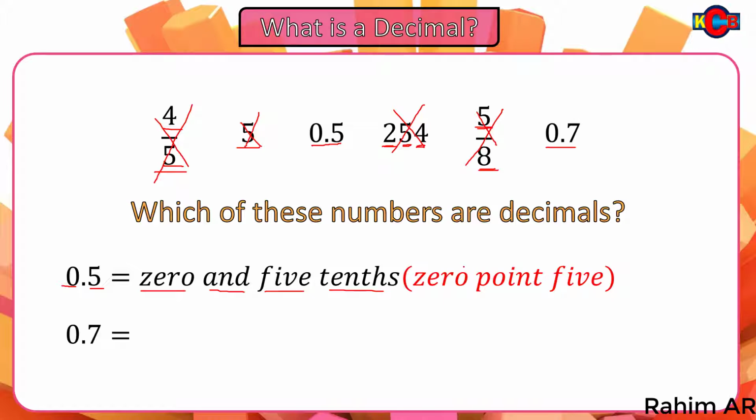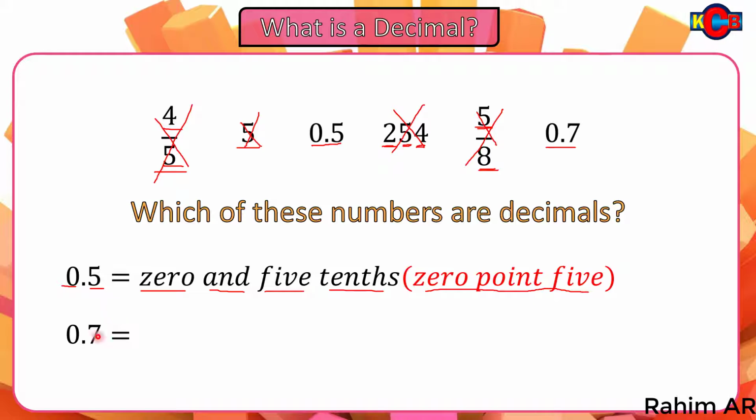But usually, we just say this number as 0.5. This is the formal way to say this number, and this is the casual way. 0 and 5/10. Here we have 0 and here we have 5.